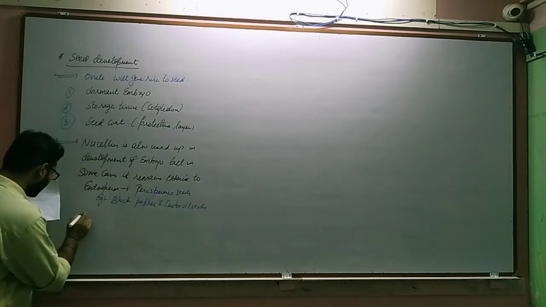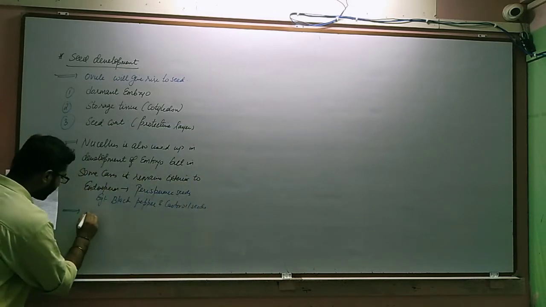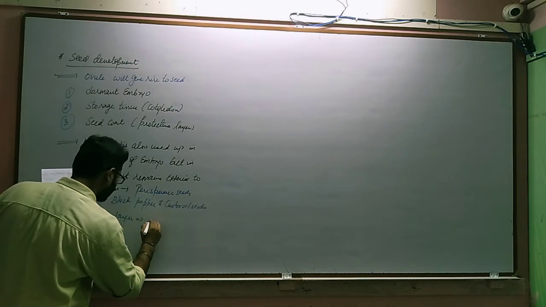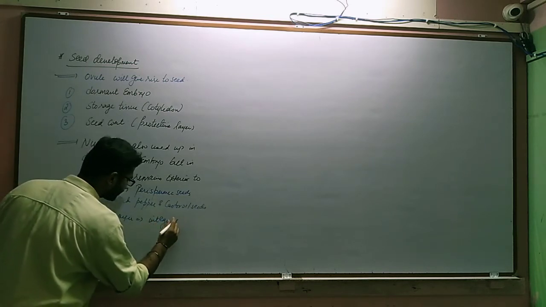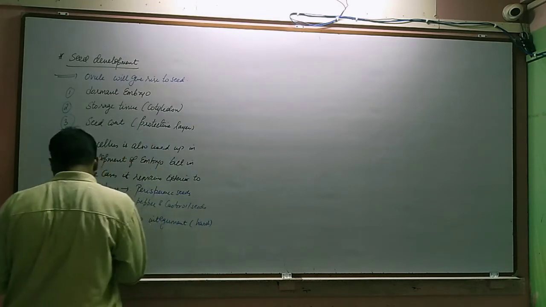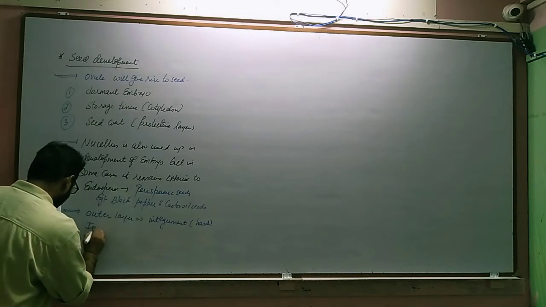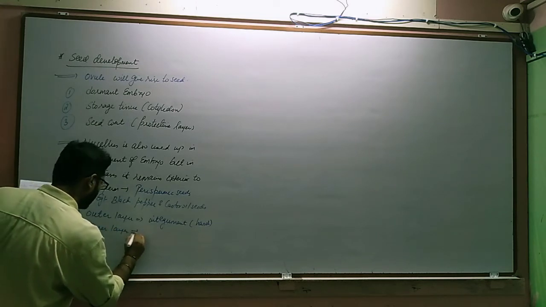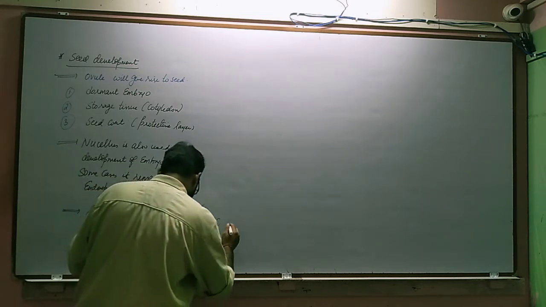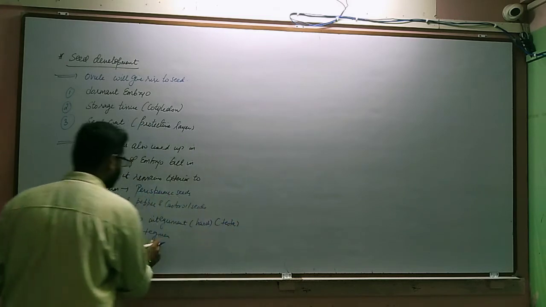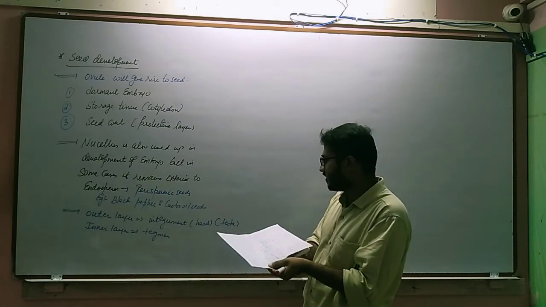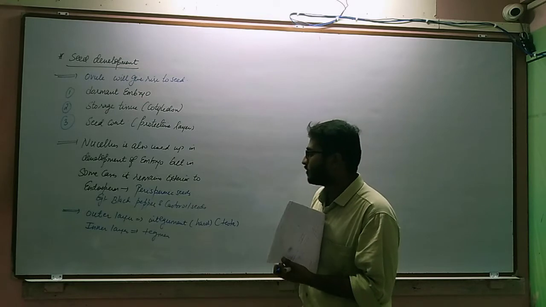The outer layer is generally called the testa, or you can say integument, which is a hard protective covering present in the seed, and the inner layer is called the tegmen. So the outer is testa and the inner is tegmen. This is again important for NEET exams.